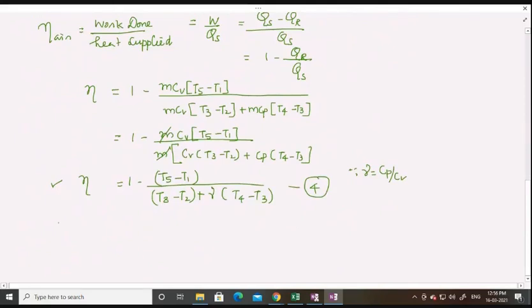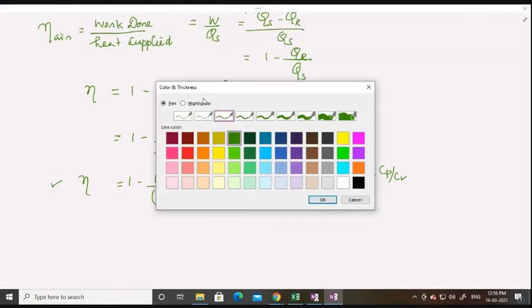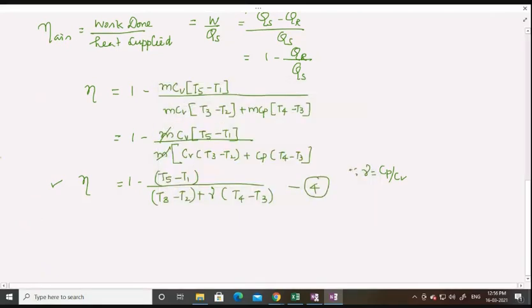Okay, then you can simplify the equation in terms of compression ratio and cutoff ratio. You can further go for such relations, already discussed in the previous cycle. We know that compression ratio is nothing but V1 divided by V2, and pressure ratio is denoted by the symbol Rp.